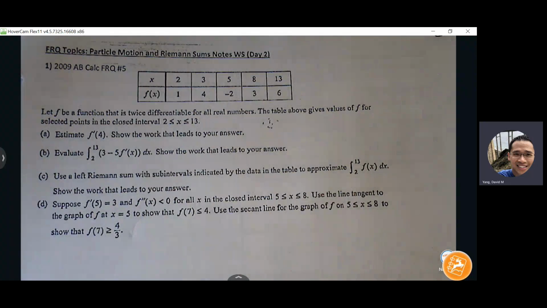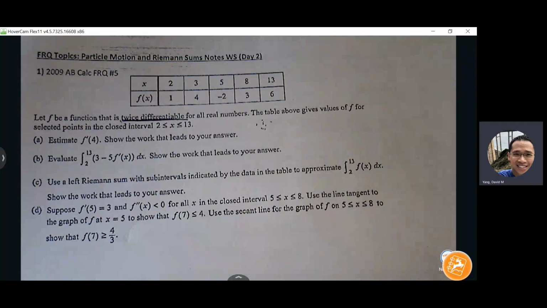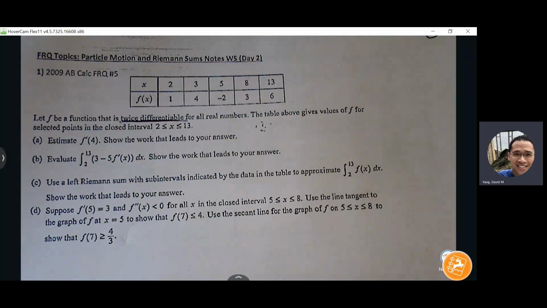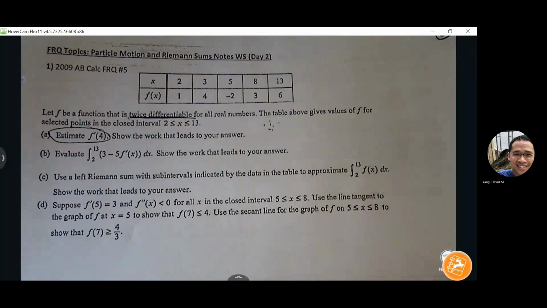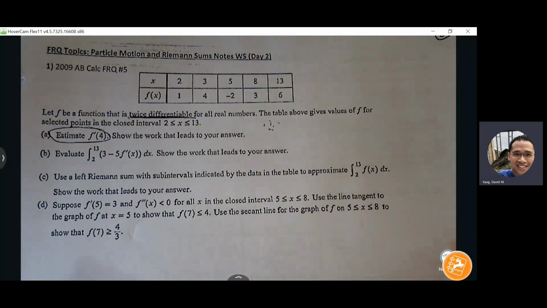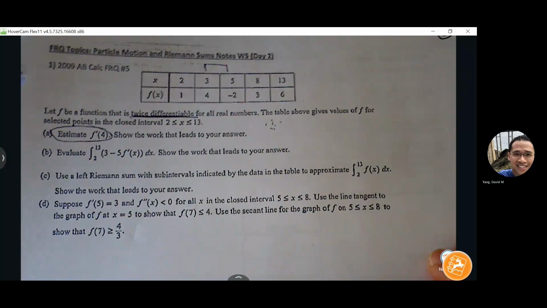Okay, let f be a function that's twice differentiable. Again, smooth curve. The table gives values of f for selected points in the closed interval from 2 to 13. Estimate f prime of 4. We know derivative is related to slope. You're forced to have to use which ordered pairs here? 3, 5, right? There's no other options. You've got to use those two.